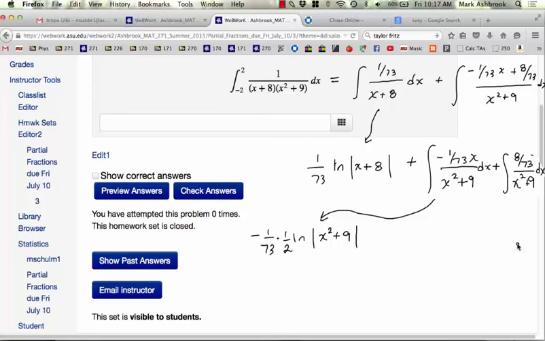But we should look at this and say it kind of looks like something we know. What does it kind of look like? Arctangent, right? Doesn't it? It kind of looks like arctangent. But why is it not arctangent? Right, for arctangent, we need x squared plus 1, and this is x squared plus 9.